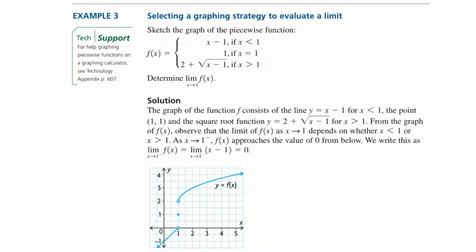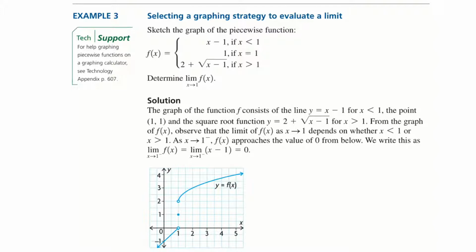Next example, example 3. A piecewise function is given. Sketch the graph of the function f of x equals x minus 1 if x is smaller than 1, 1 if x equals 1, and 2 plus the square root of x minus 1 when x is greater than 1. And determine the limit of f of x as x approaches 1.